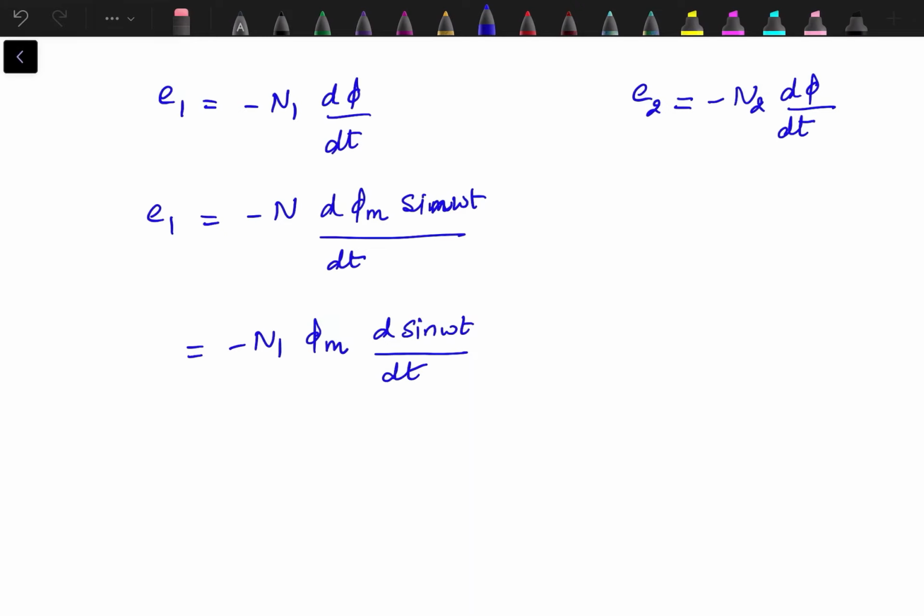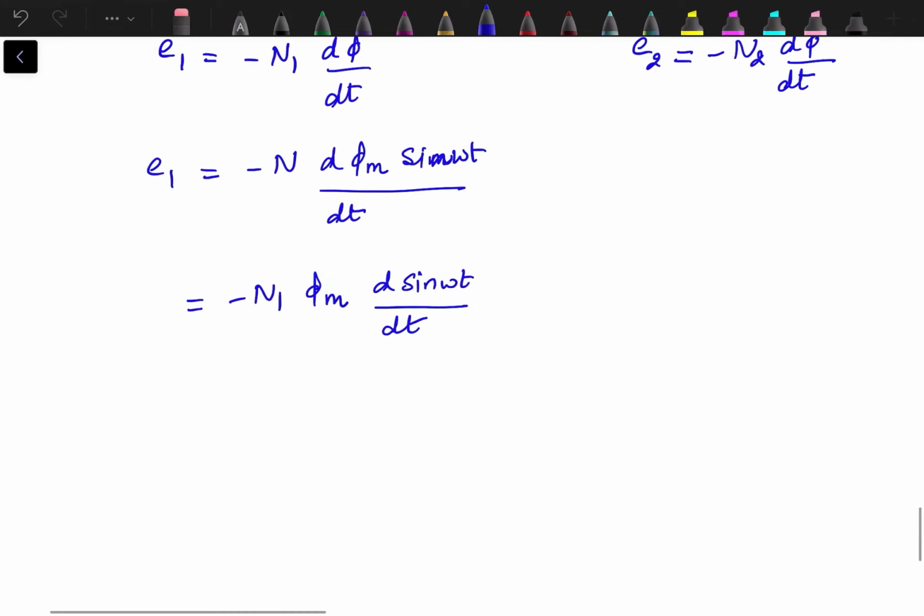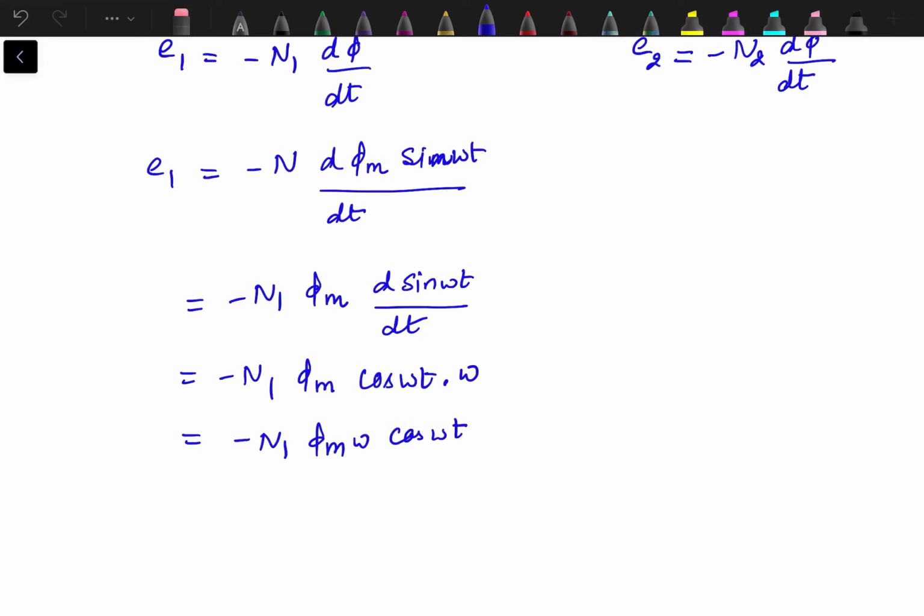Now when we differentiate this, then differentiation of sine omega t is cos omega t into omega. So the expression becomes minus N1 phi m cos omega t, which we can write as N1 phi m omega sine omega t minus 90.